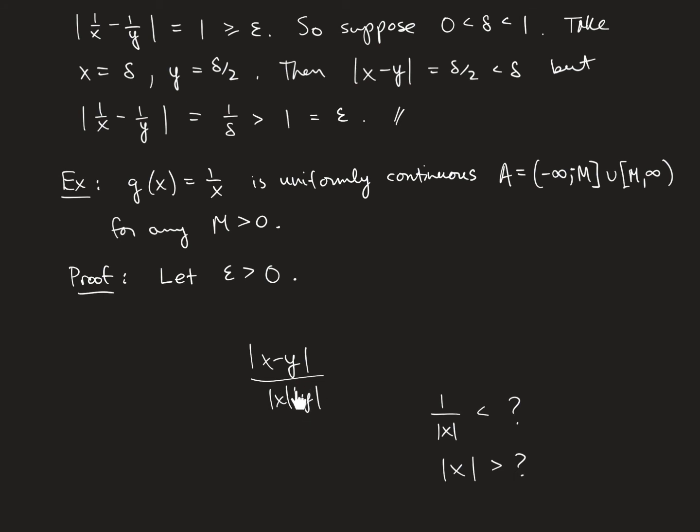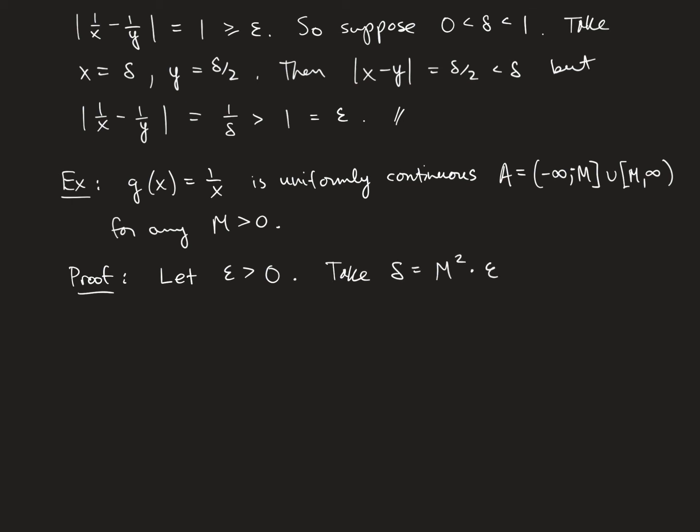So we're going to have an m squared down here. So we're going to have our distance between x and y over m squared. So we'll need the distance between x and y to be less than m squared times epsilon. So that'll be our delta. So we take delta to be m squared times epsilon.